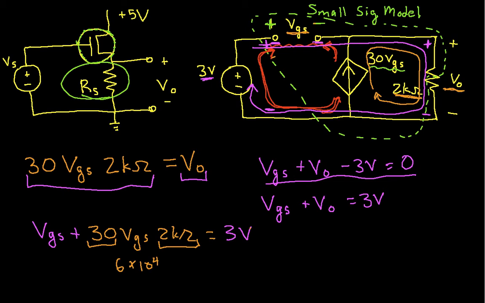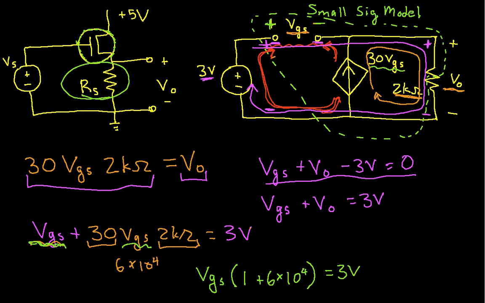Okay, so I can then simplify this. I can factor out this VGS. In fact, let's do this now in a different color. I can factor this VGS and this VGS out. So I have VGS times 1, that's the coefficient in front of this guy, plus 6 times 10 to the 4th is equal to 3 volts.